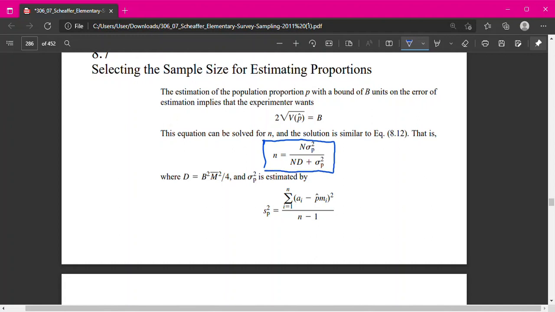We need capital N, we need sigma square P. We can estimate sigma square P using s square P using this formula. And D is B square multiplied by capital M bar square divided by 4.